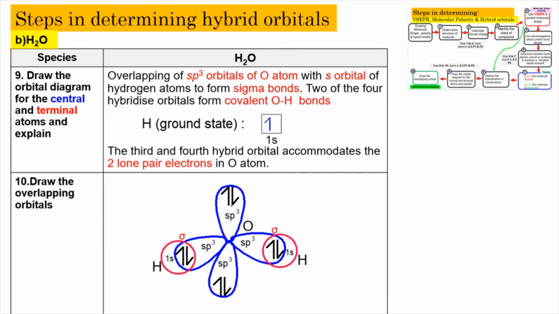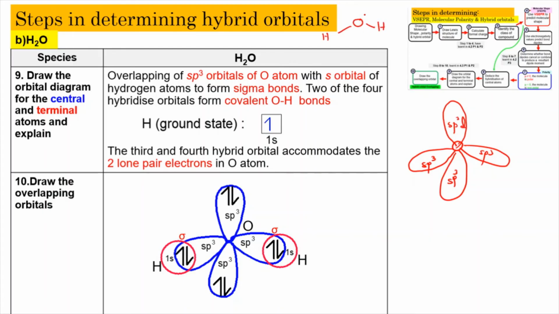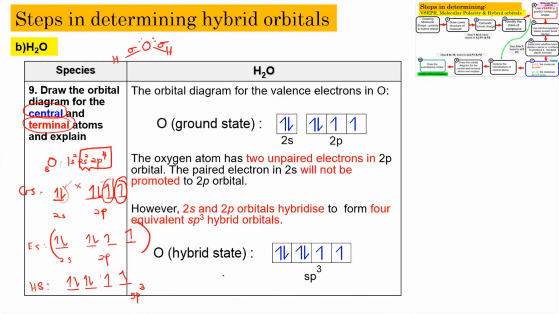Since they have an sp3 hybrid of oxygen, you can draw it something like this. Oxygen, and then like this, sp3, sp3, sp3, and then sp3. And then we draw H and H here, with lone pair and lone pair. So this is based on VSEPR, and this is our hybrid central atom of oxygen.